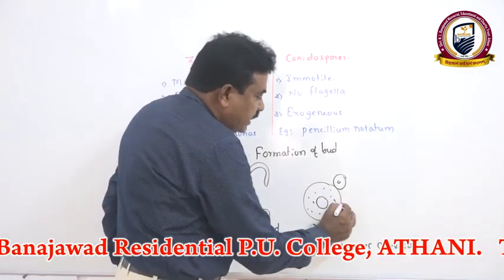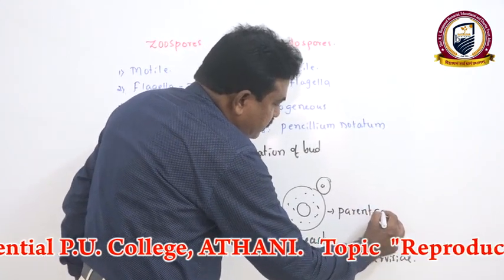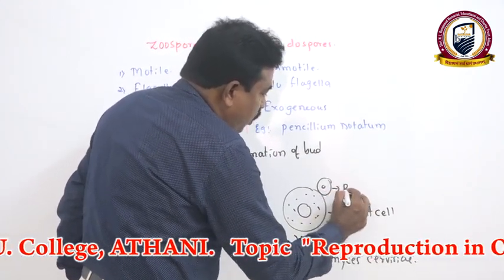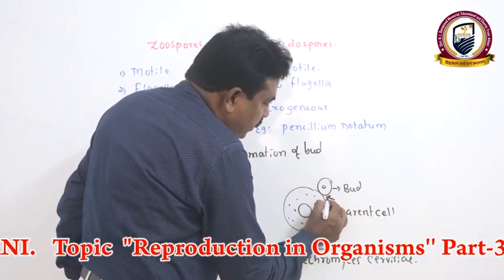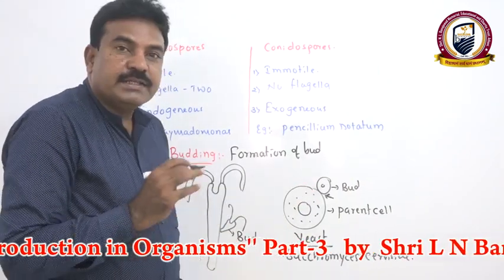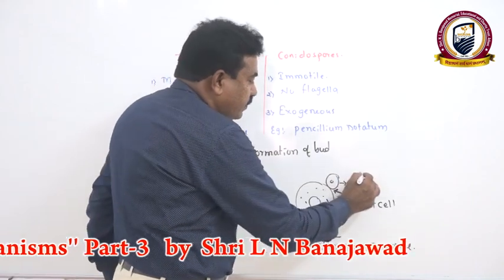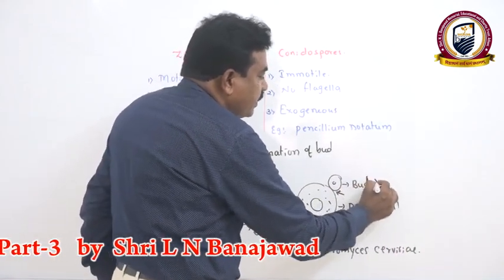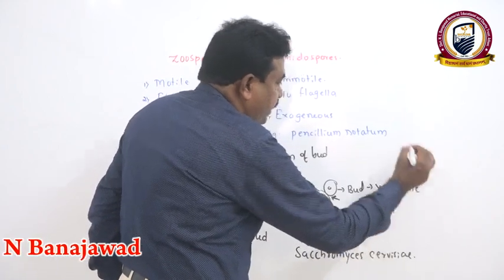See there, it's a parental cell, and beside the parental cell a small bud is formed, and this bud shows a loose attachment. Therefore, a simple mechanical disturbance leads to detachment of the bud from the parental cell, and later this bud becomes a new young one, and this process we call budding.